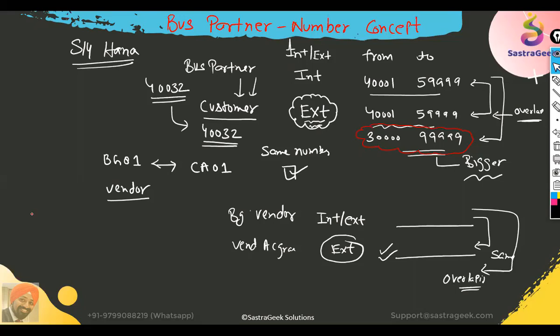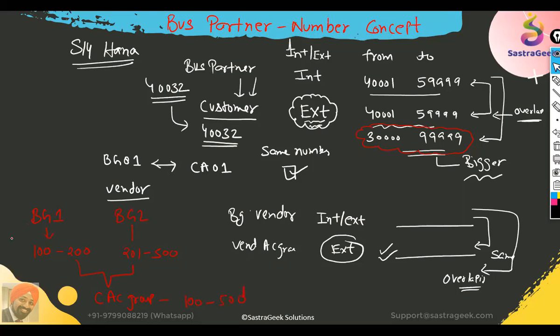You have a BG1 group and a BG2 group. BG1 group is from 100 to 200. BG2 group is from 201 to 500. They both are linked to the same single customer account group, which is from 100 to 500.